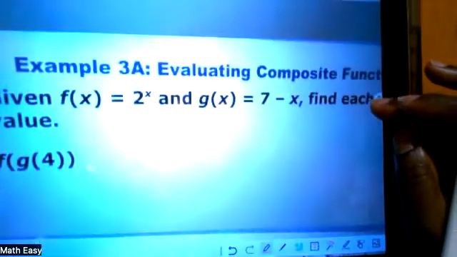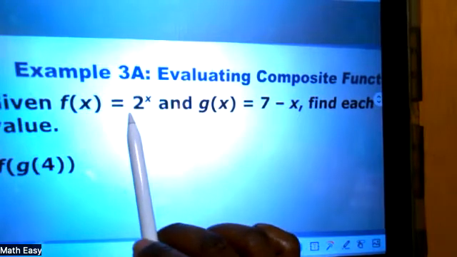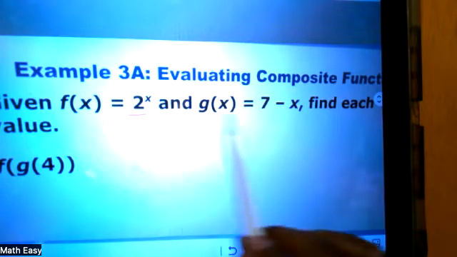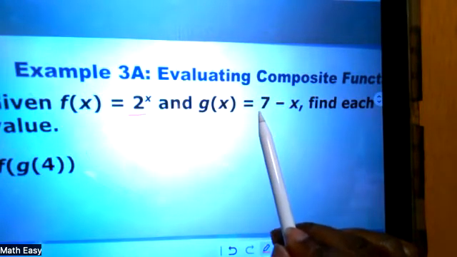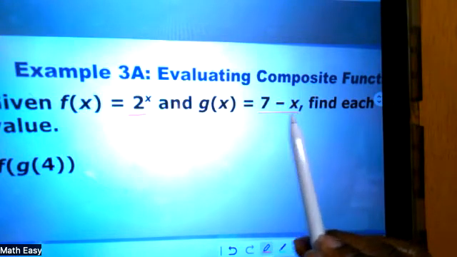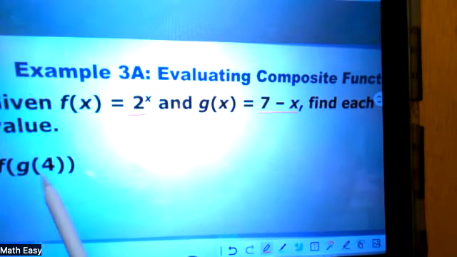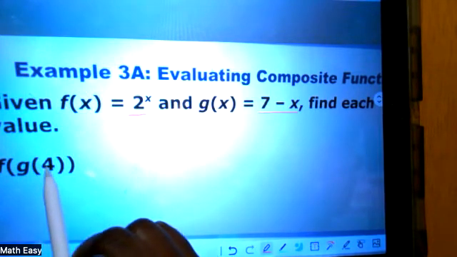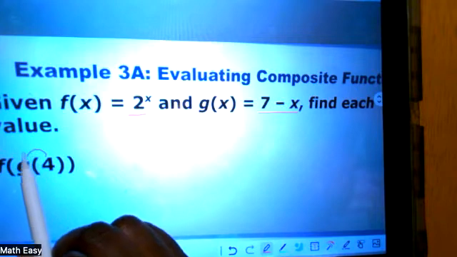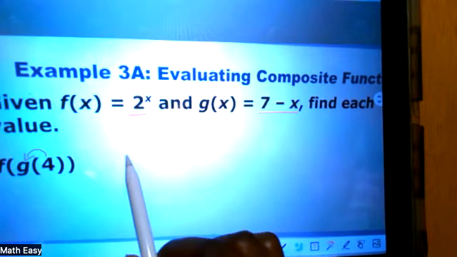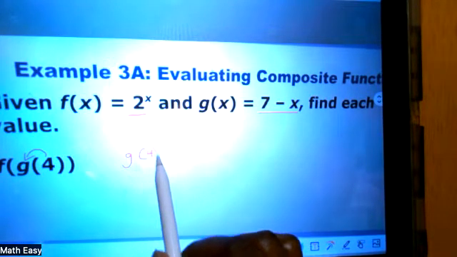Let's do an example. We have f of x being 2 raised to the power of x and g of x being 7 minus x. Find fg of 4. Well, we will input 4 into our g function. So we do g of 4.